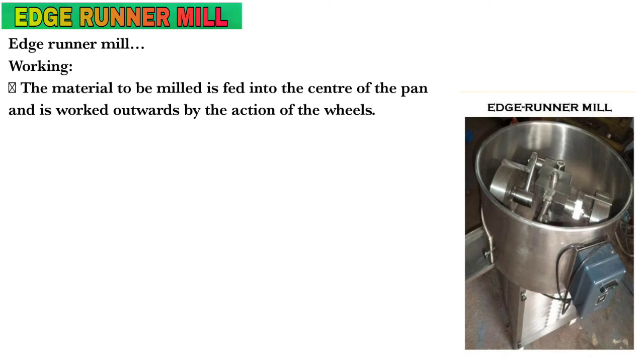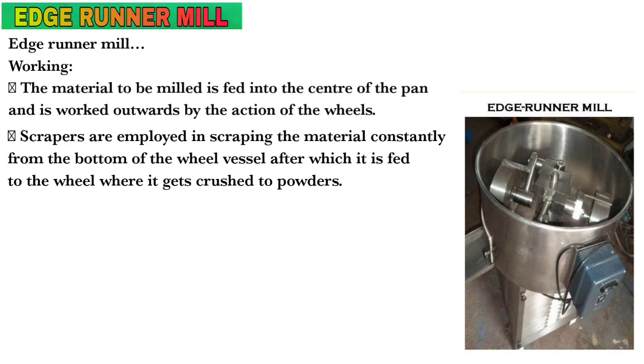Working of edge runner mill. The material to be milled is fed into the center of the pan and is worked outwards by the action of the wheels. Scrapers are employed in scraping the material constantly from the bottom of the vessel, after which it is fed to the wheel where it gets crushed to powder.